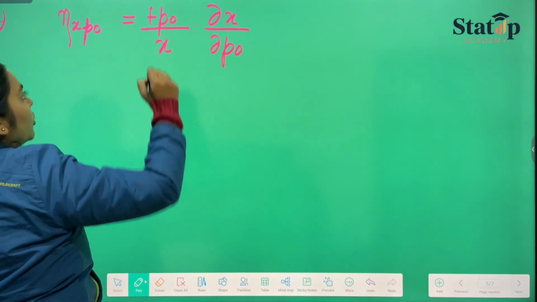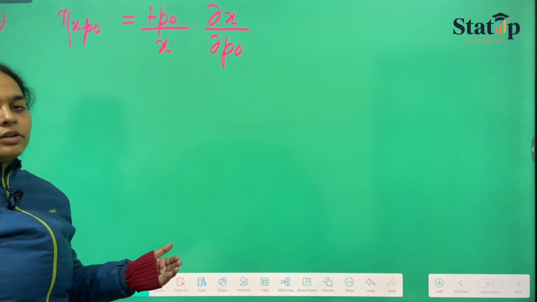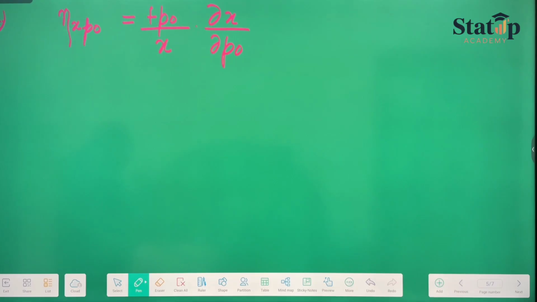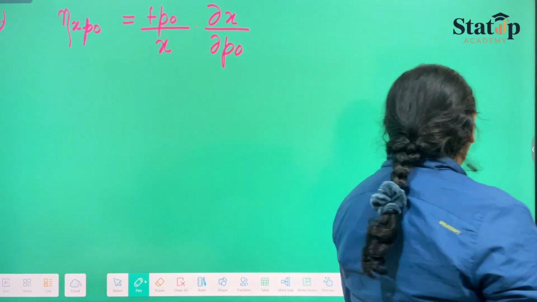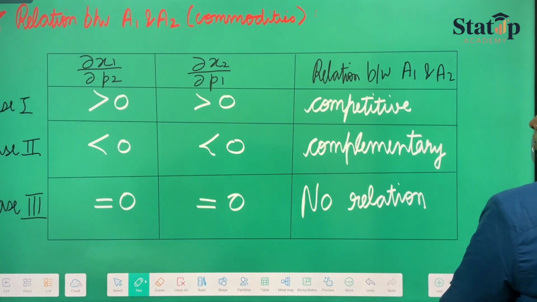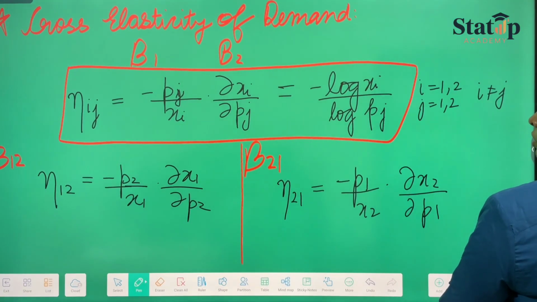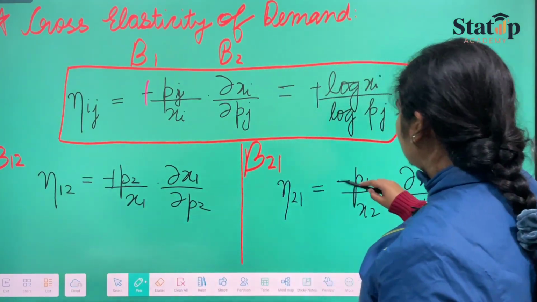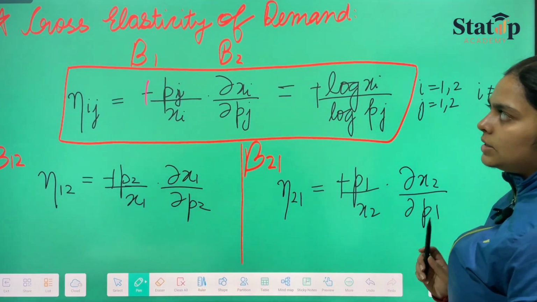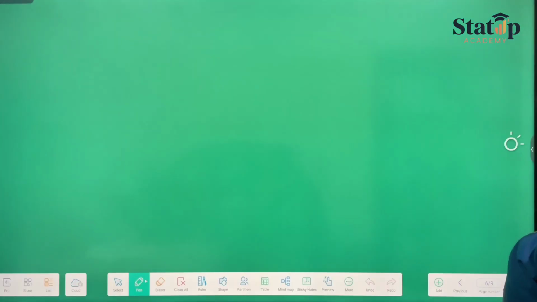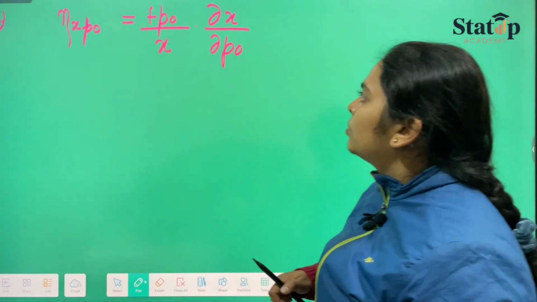This will be taken as positive because we are depending on another factor, price. Cross elasticity is positive and own-price elasticity is negative. So here it will be positive.